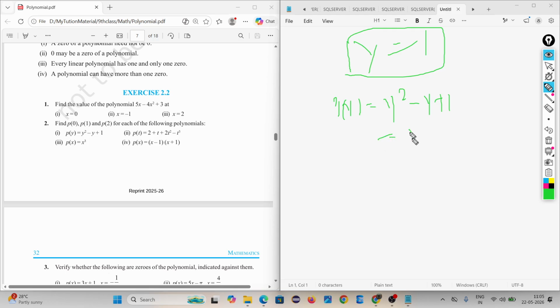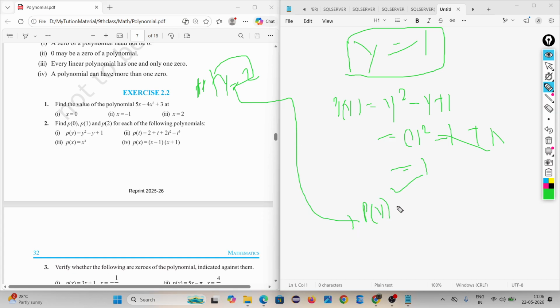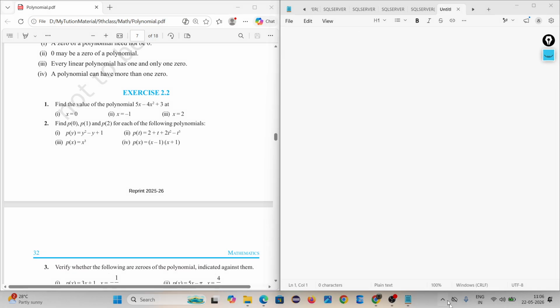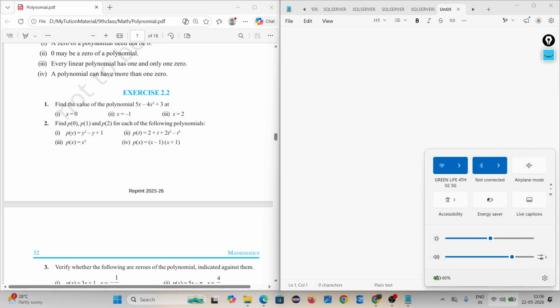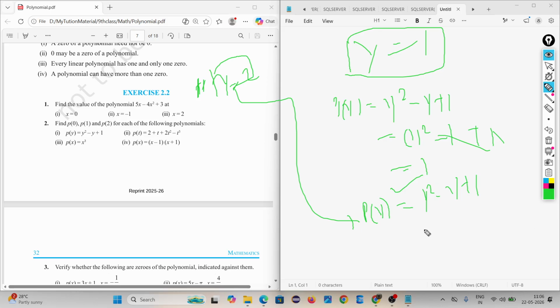Look, 1 square minus 1 plus 1, minus 1 plus 1 cancel, 1 square is 1. Then at y equal to 2, find the value of this polynomial. 3, sir. Look, y equal to 2, 2 square minus 2 plus 1, 4 minus 2 plus 1, 2 plus 1 equal to 3.